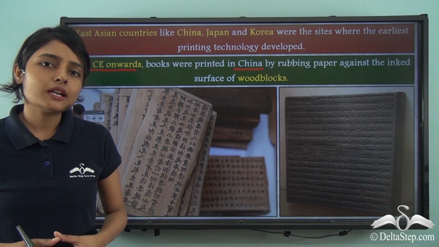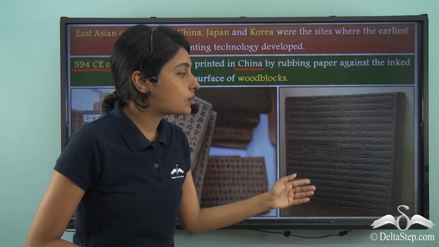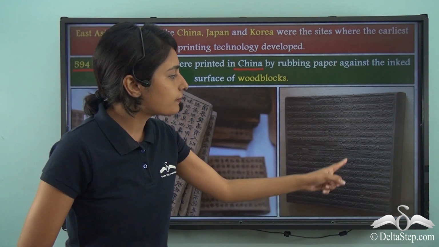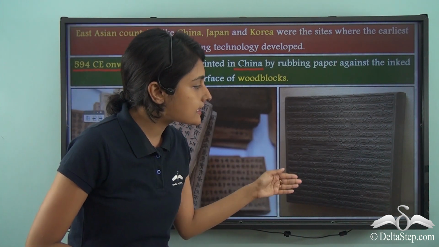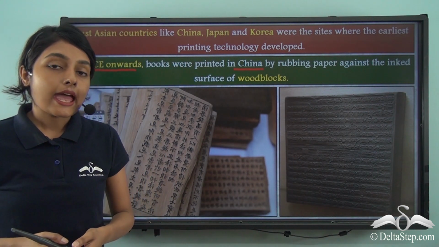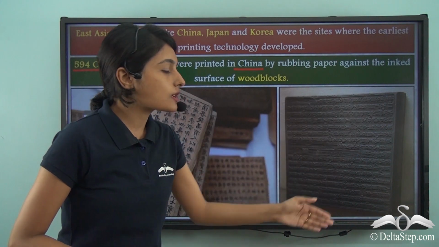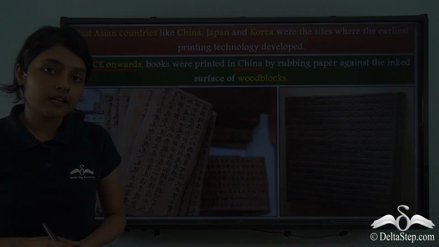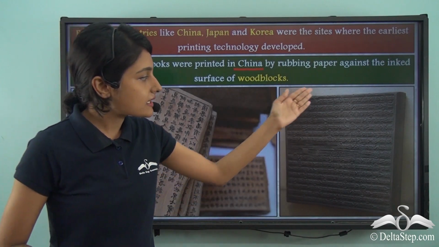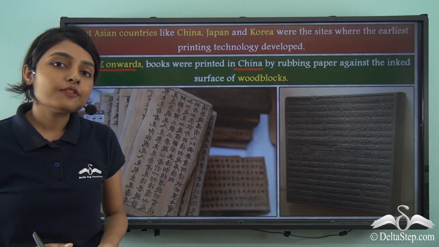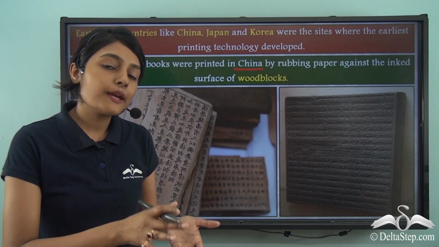What do we understand by this woodblock printing technique? Now look at this image closely for your reference. What do you see here? This is a block of wood on which certain sentences are engraved. And in this process of woodblock technique, firstly, these wood blocks are dyed with ink, on which damp paper is pasted.